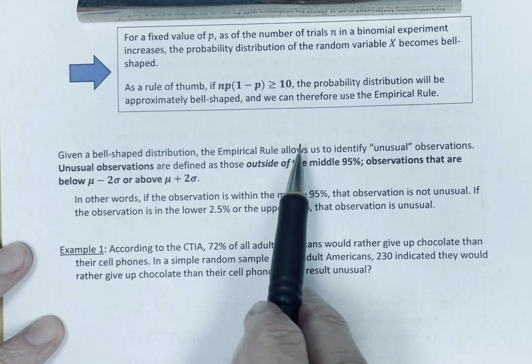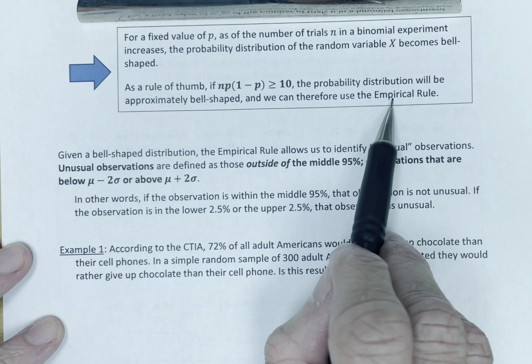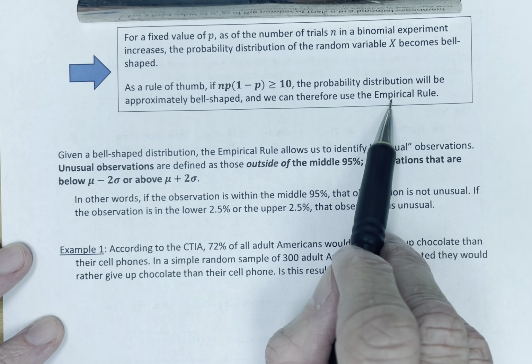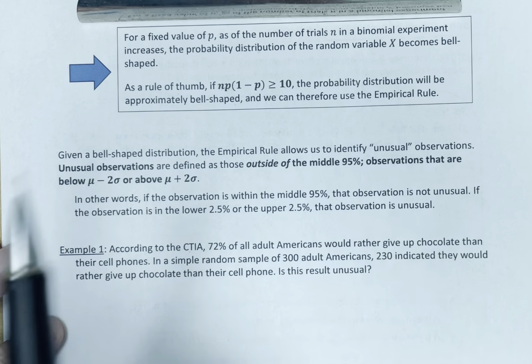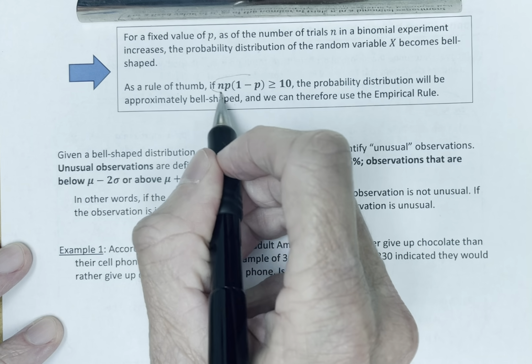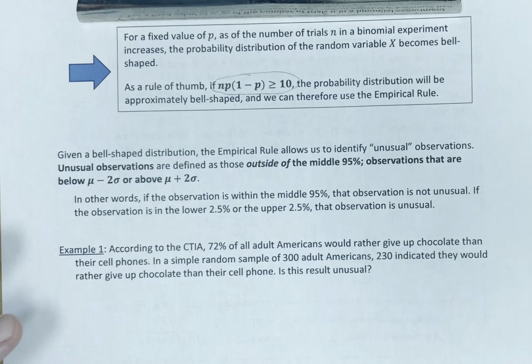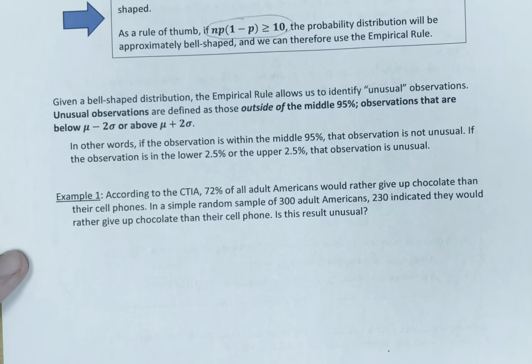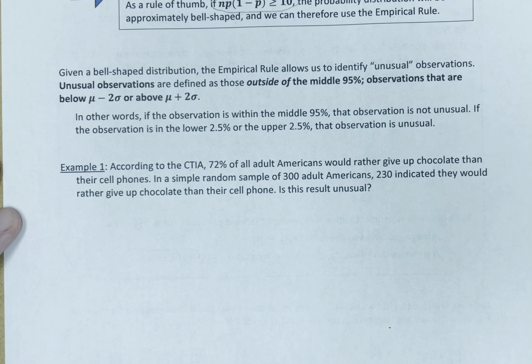We cannot apply the empirical rule because the empirical rule only applies to distributions that are approximately bell-shaped. So this is going to be our standard of when we know whether or not what we're looking at has a bell-shaped distribution.